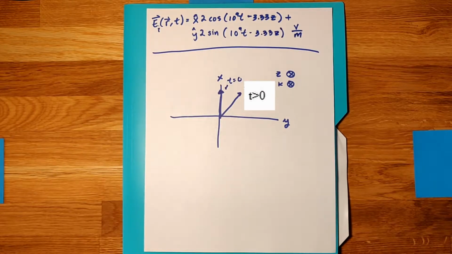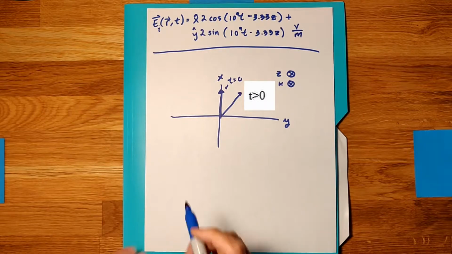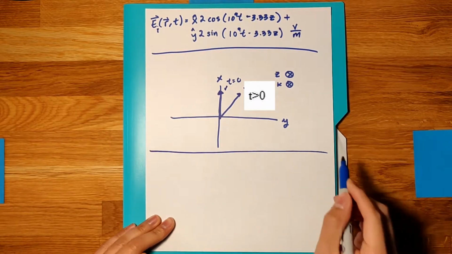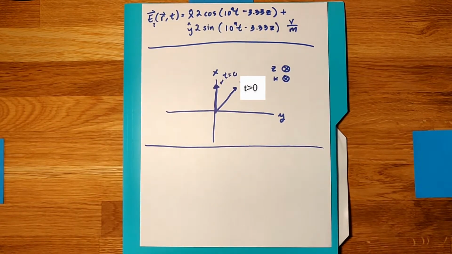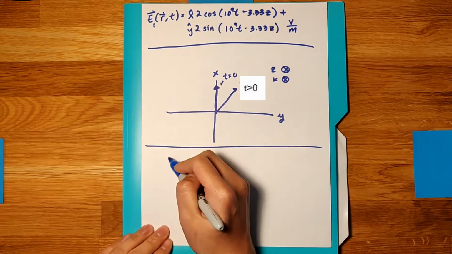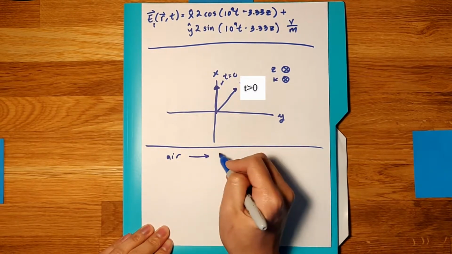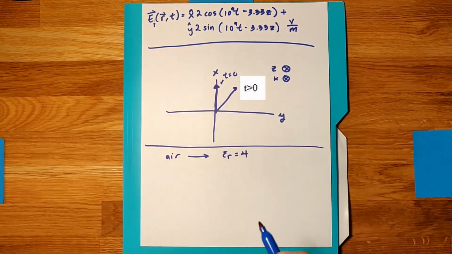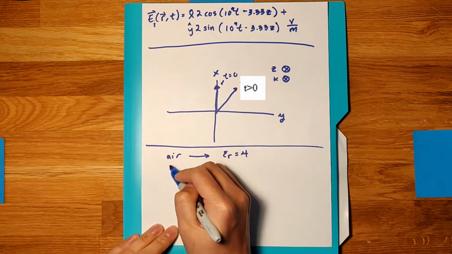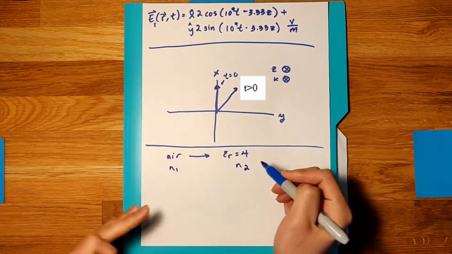And this answer will simply be our incident electromagnetic wave. Now that we found our incident, we can also find our reflected. Since we have two mediums, where it's air going to a dielectric medium that has a dielectric constant of 4, that means we have two indices of refraction, N1 and N2.